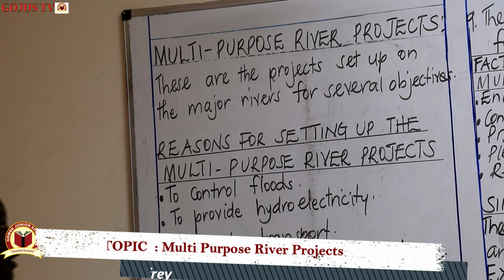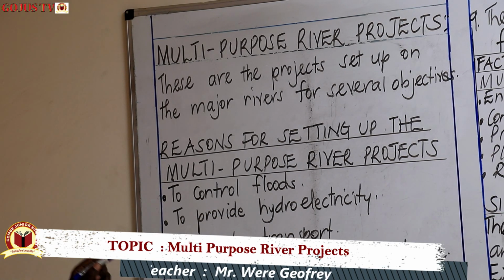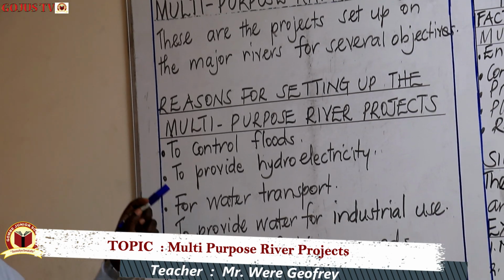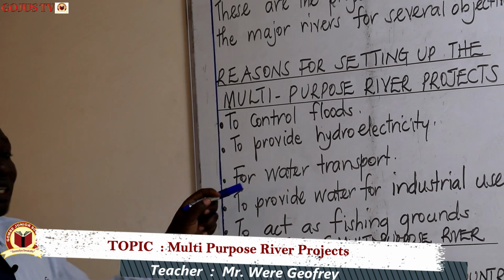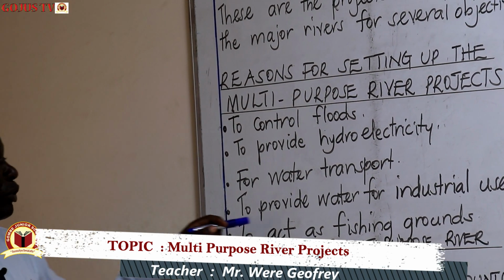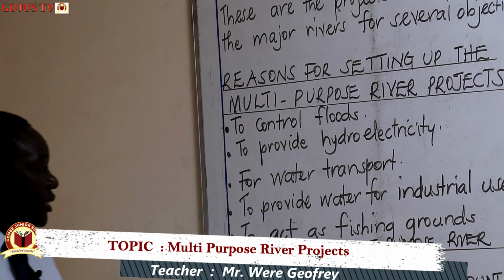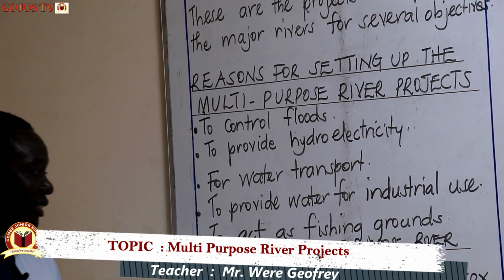The first one, to control floods. The second one, provide hydroelectricity. We have also water transport. They also provide water for industrial use and act as fishing grounds.